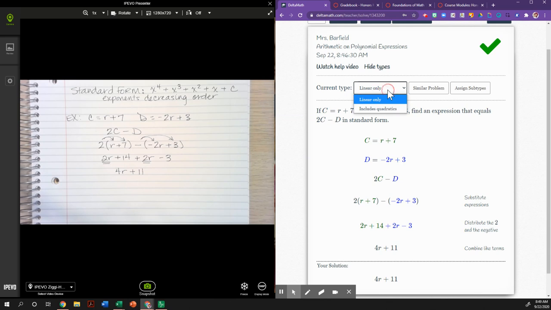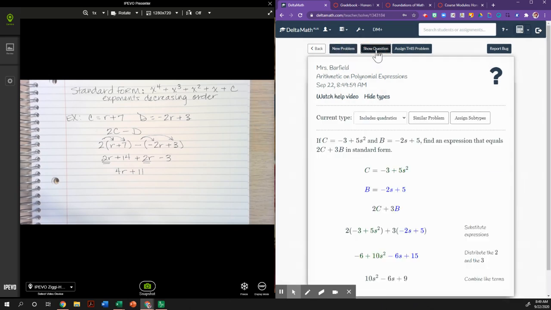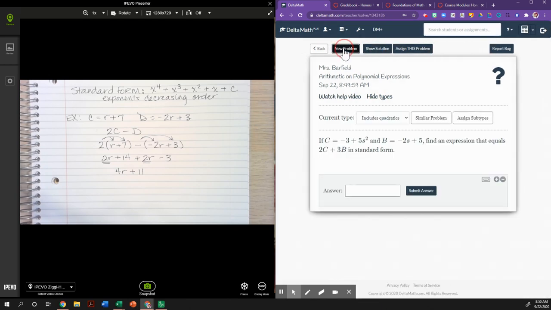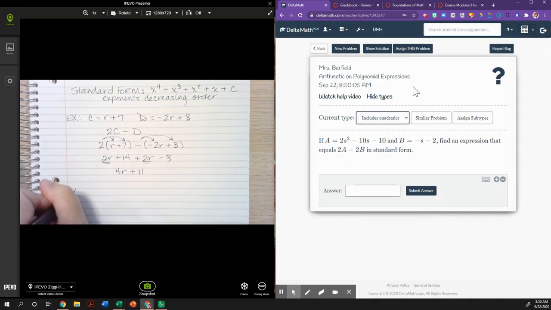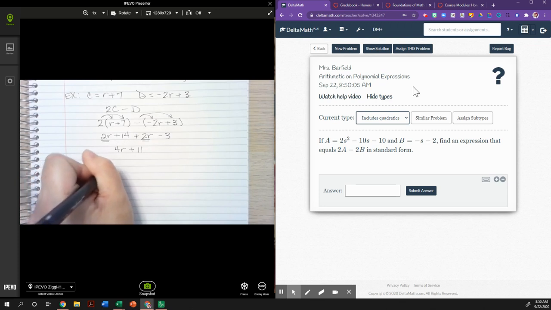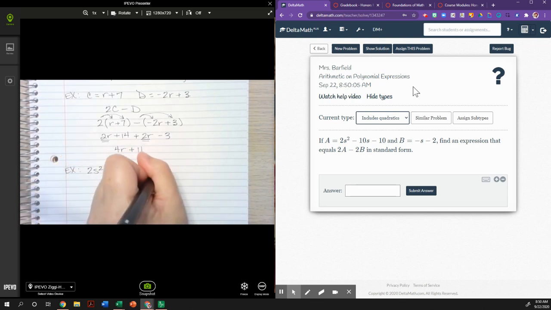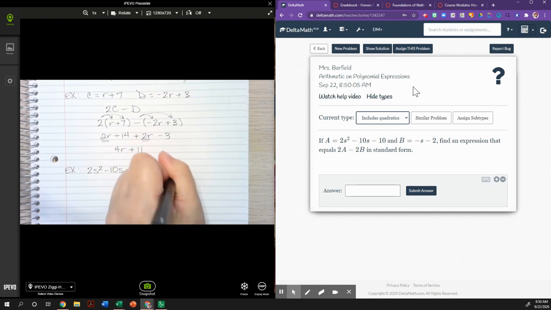Okay. All right, so let's go to the next type. New problem. Okay, let's switch to quadratic. There we go. So we've got A is 2s squared minus 10s minus 10, and we've got B as negative s minus 2.